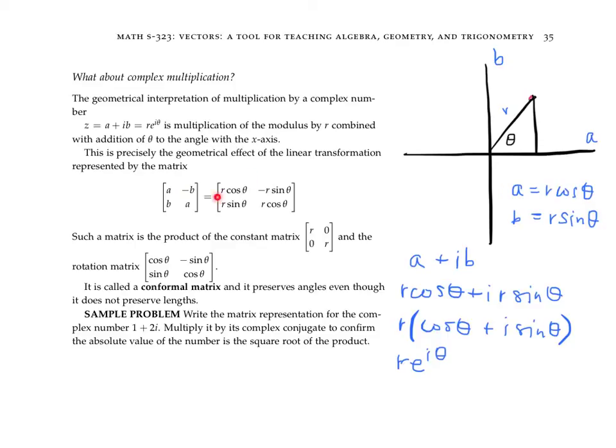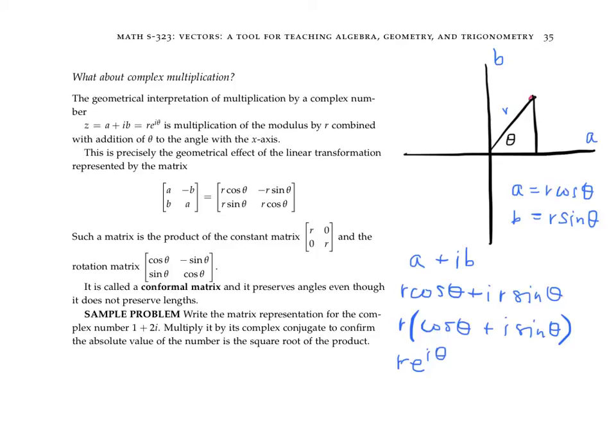That's the same thing if we converted that into a polar description as r cosine theta, r sine theta, and the second column negative r sine theta, r cosine theta. That's a product of this constant matrix where r is the distance from the origin, and then theta over here, this is the rotation matrix. So this is describing distance from the origin, and this is the rotation matrix. It is called a conformal matrix, and it preserves angles, even though it does not preserve length. This is not an isometry. This is something separate.